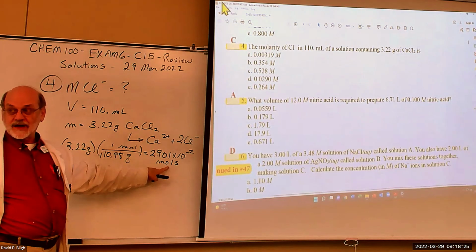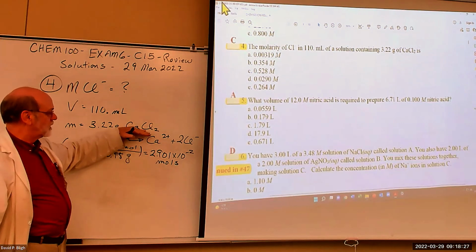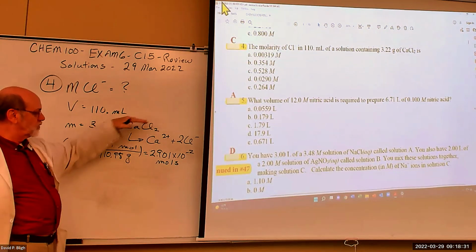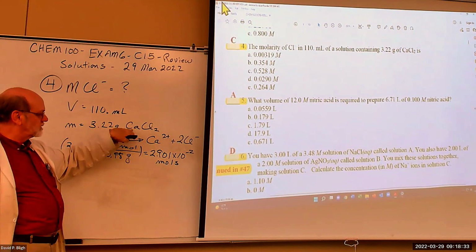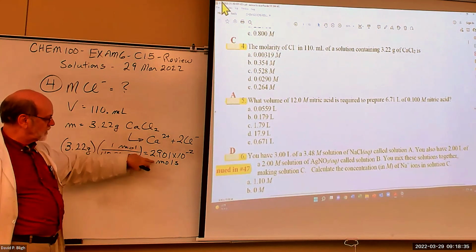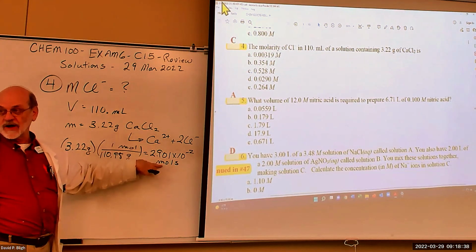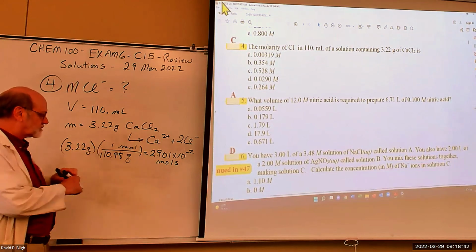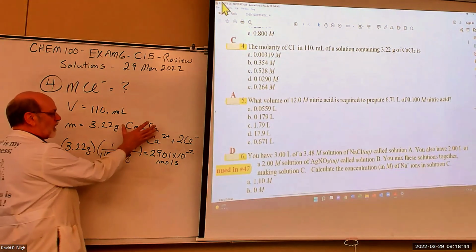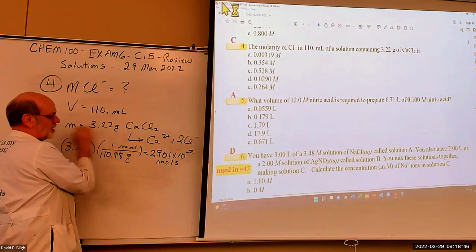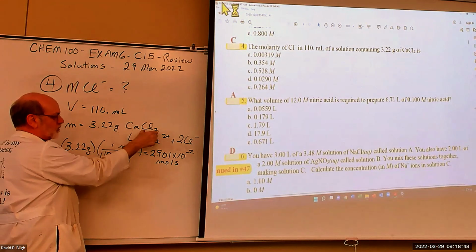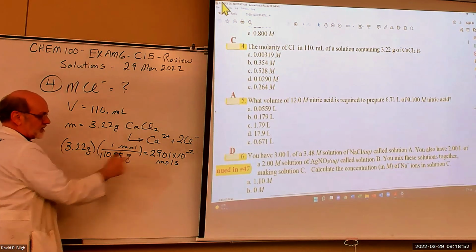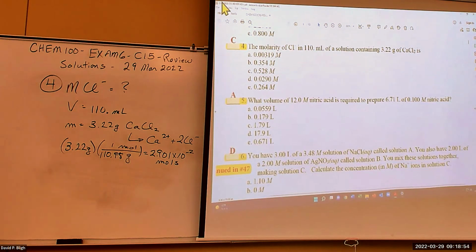You have 2 times that. You have that many moles of the whole unit, which means you've got that many moles of calcium, plus twice as many moles of chloride. We're talking about numbers of things. If we have 1 mole of this, we have 1 mole of calcium and 2 moles of chlorine. So if we just double this, now we have moles of chloride.